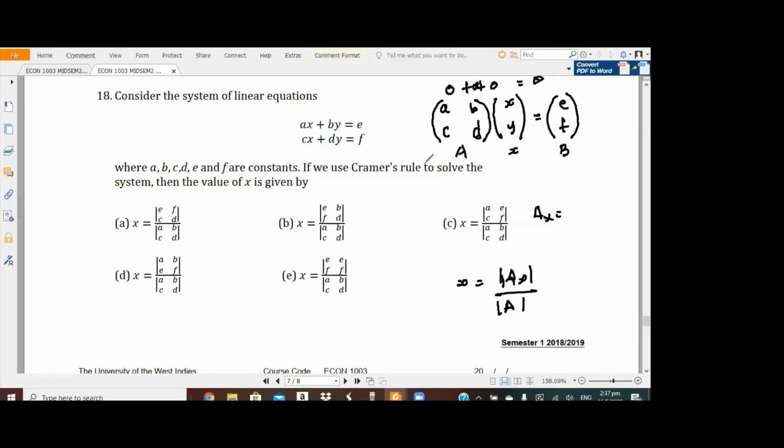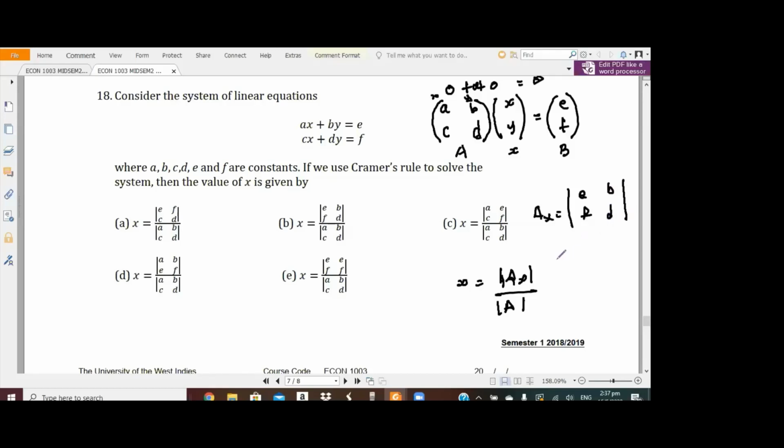When I replace this column here, this is the x column, and this is the y column, I replace the x column with the solution matrix E, F. So it's going to give me the determinant now of E, F, then I'm going to have B, D, but don't change it because we're only changing the x column, right?